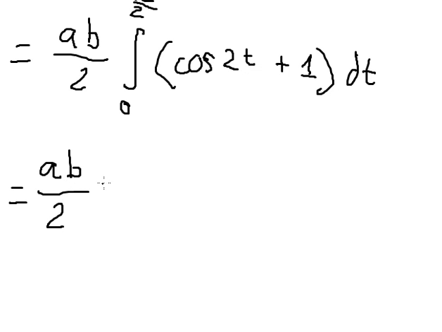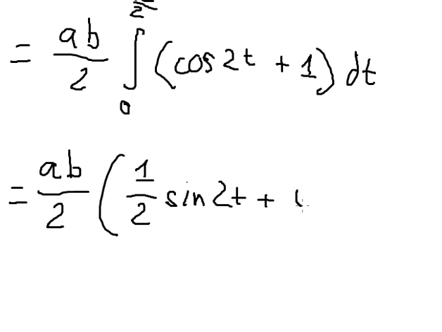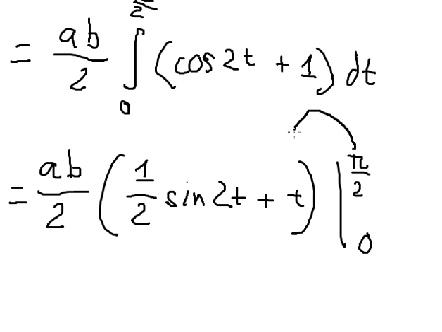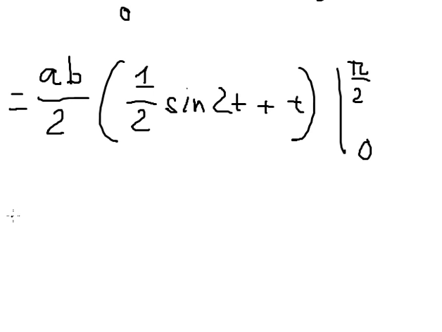The integration of cosine 2t, we have 1 over 2 sine 2t. Number 1, that is about t, and we put the bounds from 0 to pi over 2. So I will put pi over 2 going here, number 0 going here. And we have pi over 2.